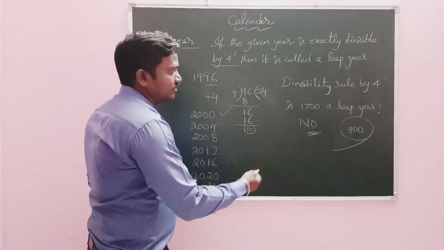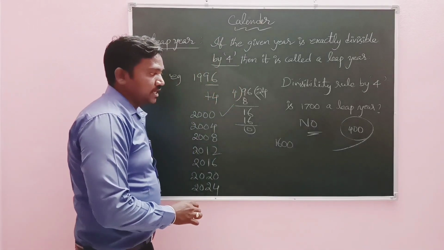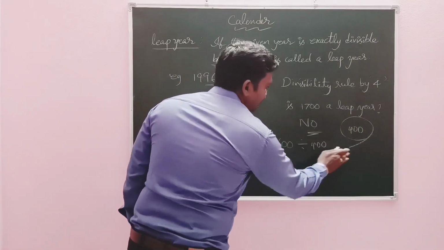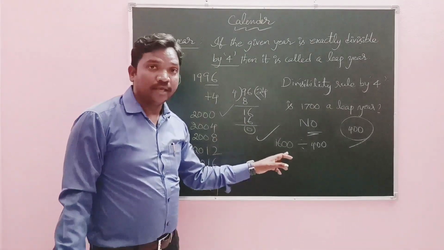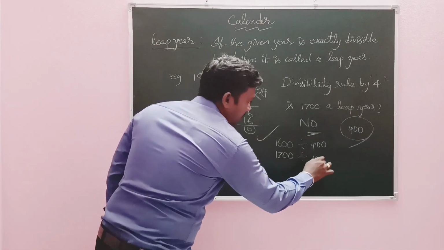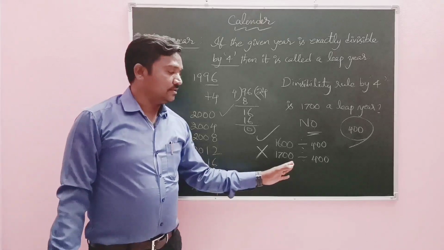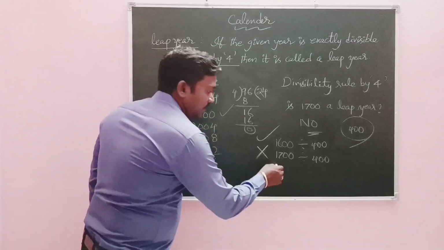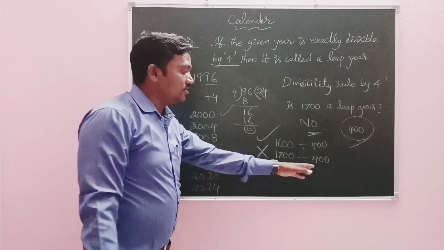Now let us check one example. 1600. It is exactly divisible by 400. So 1600 is a leap year. 1700, it is not exactly divisible by 400. So 1700 is not a leap year. In the same way, 1800, is it exactly divisible by 400?